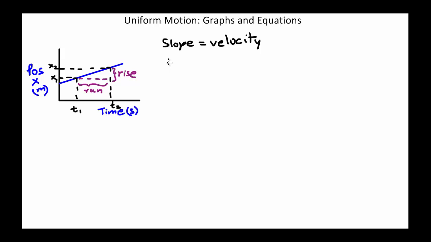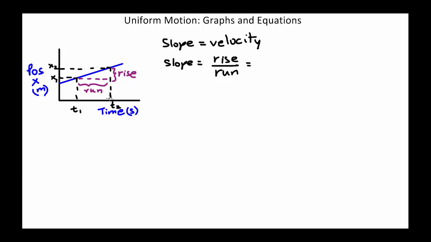So we've got slope is rise over run, and the rise is this little piece over here, which is nothing but this entire vertical length, x2, minus this vertical length, x1.